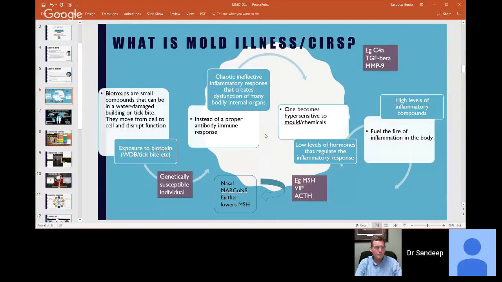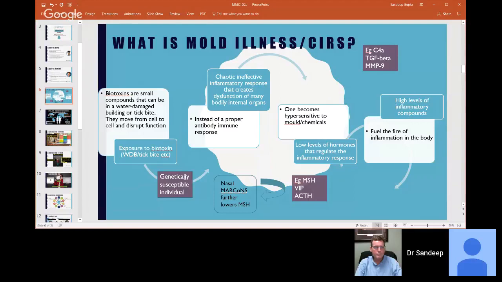So if you get exposed to one of these biotoxins, such as through a water-damaged building or a tick bite, and you're genetically susceptible, and this is another really key point, not everyone is susceptible to developing CIRS or mold illness. Only around 24 or 25% of the population have what we call an HLA susceptible gene type.